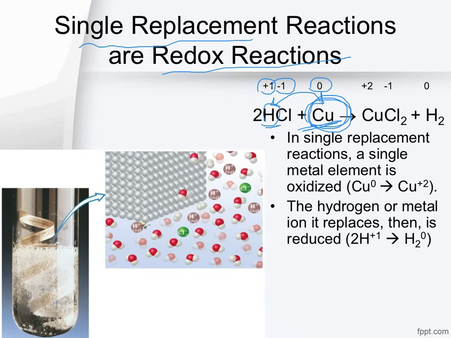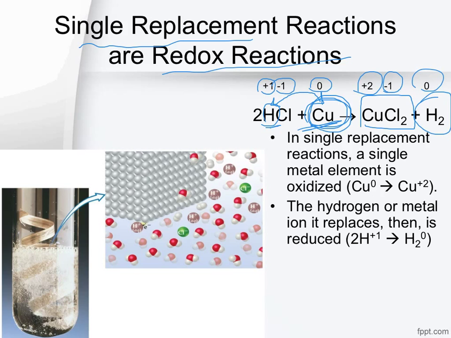On the product side, this is an ionic compound, which means the charges of the ions become the oxidation numbers. Chlorine's -1, as halogens always are in ionic compounds. That means copper has to have a charge and an oxidation number of +2. Hydrogen now is a neutral element. Its oxidation number is 0. What's been oxidized and what's been reduced?